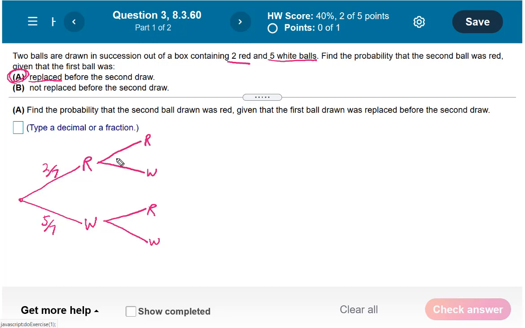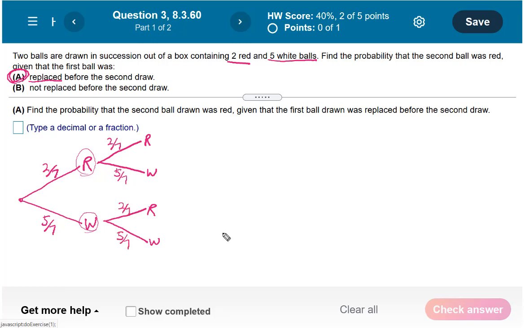So on our tree diagram, having just drawn a red and putting it back, we still have two reds. Having just drawn a white and putting it back, we still have 5 whites.